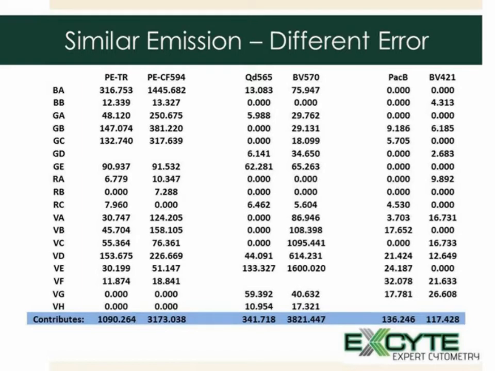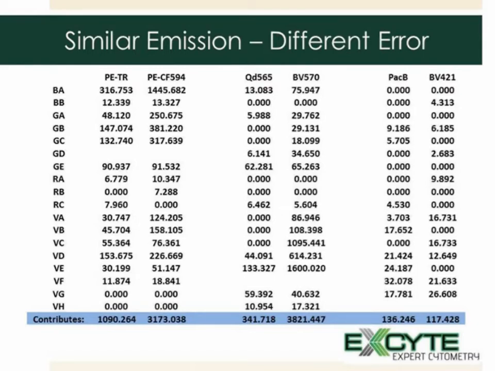Given a choice, this becomes a fluorochrome that I would like to avoid because that error contribution is reducing sensitivity, especially in several channels where I might want to make other sensitive measurements. For example, the blue channel shown at the top, it's about 4 times more error with that CF594.